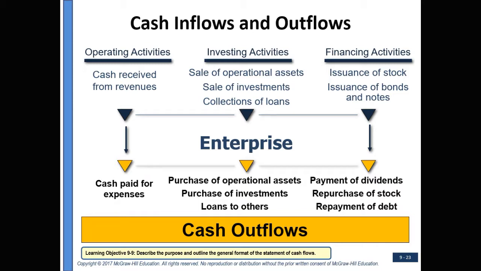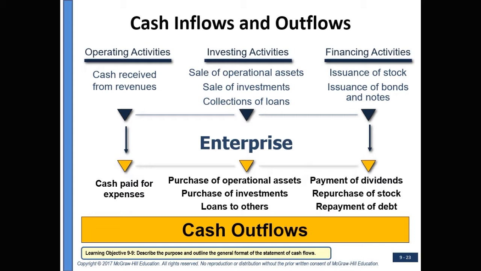Investing activities would be the sale of those operational assets. Remember, when you purchase plants, property, and equipment, it's an investing activity. When you sell it, it is also an investing activity. From the sale of investments or the collection of loans. And then financing activities would be things such as the issuance of stocks, bonds, and notes.